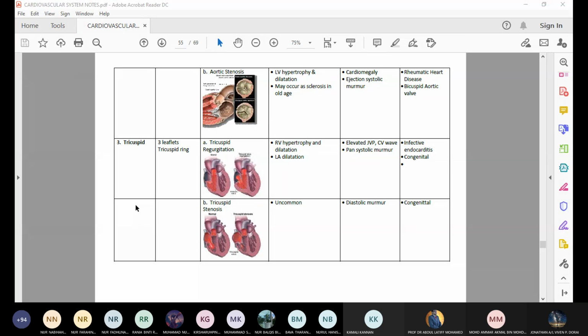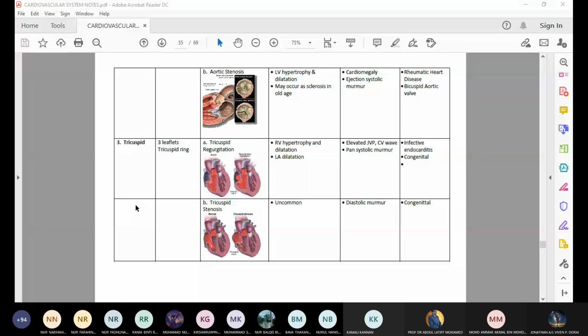Okay, I think you have discussed this before. Okay, so what do we do treatment wise? Number one, we need to give peri-procedural antibiotics.